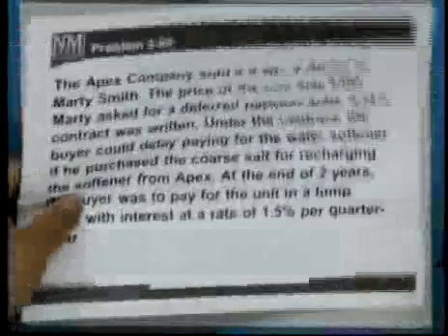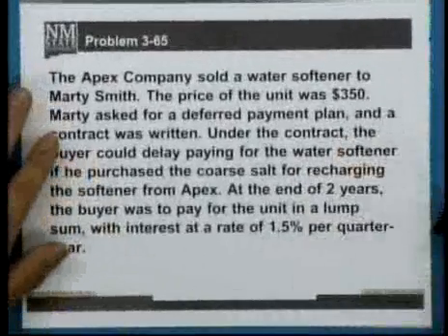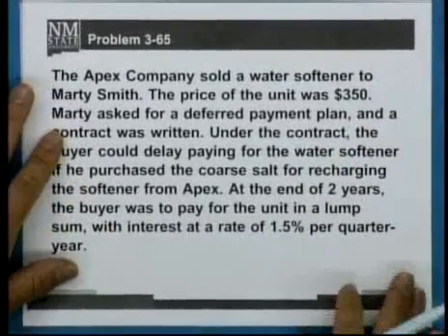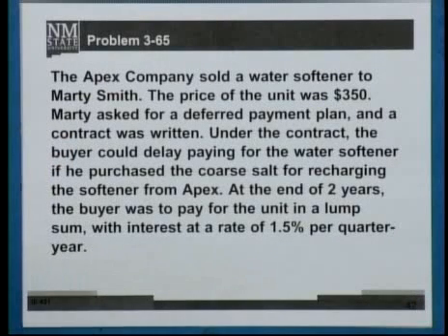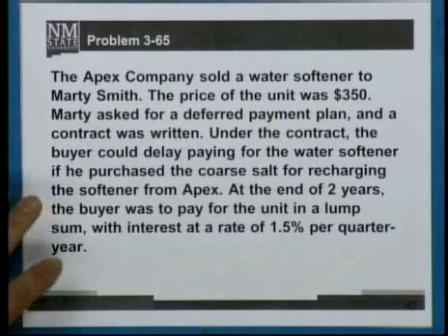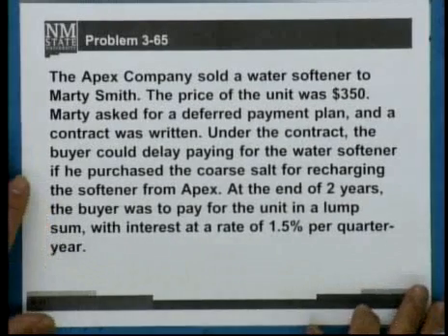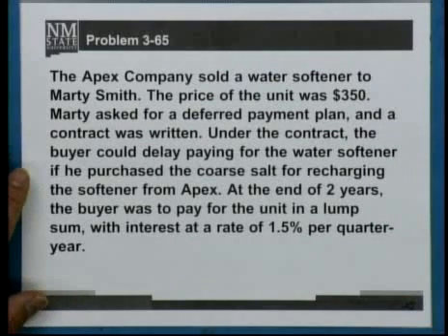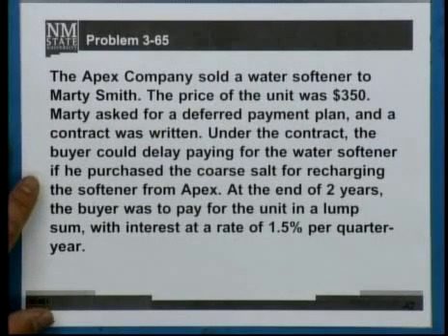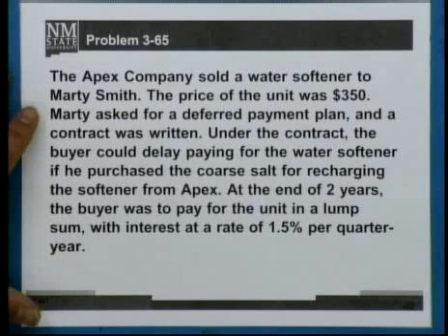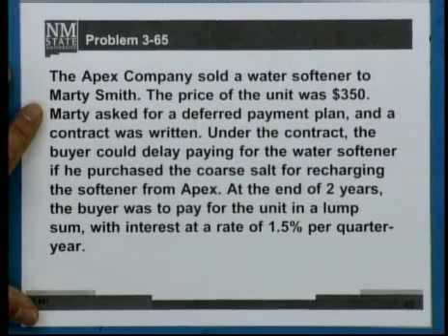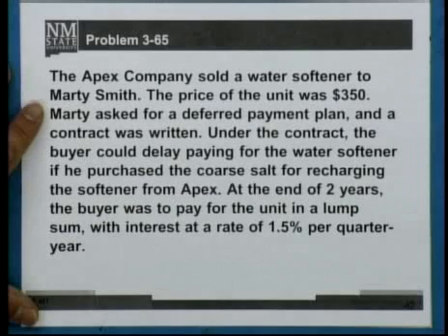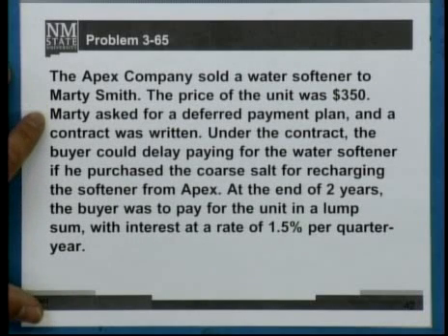Okay, so this would be the last problem for today. And this is the last problem that we are going to solve from the end of chapter 3 from our text. Okay. So the Apex company sold a water softener to Marty Smith. The price of the unit was $350.